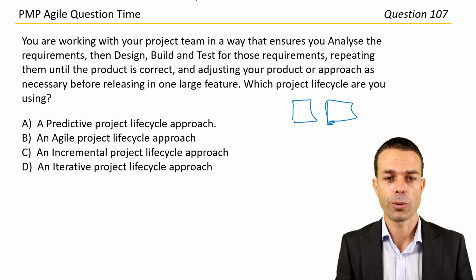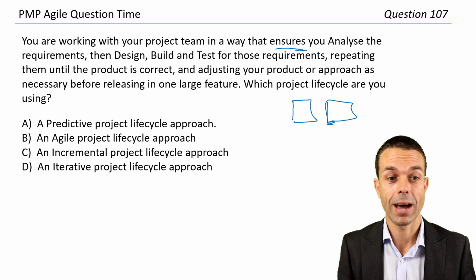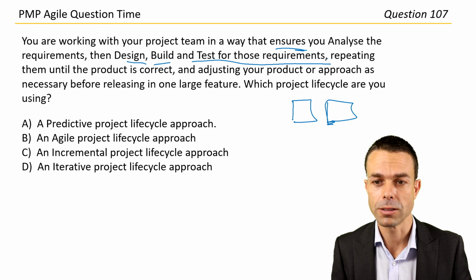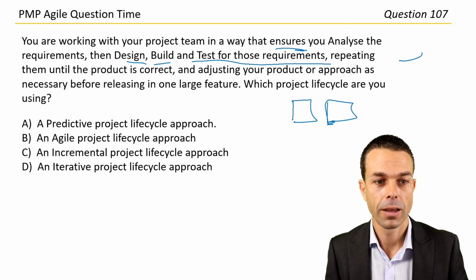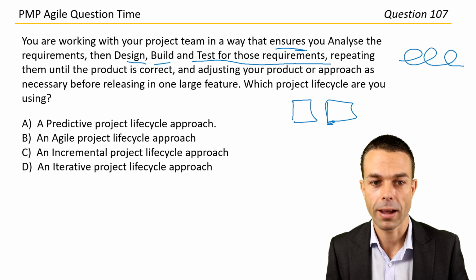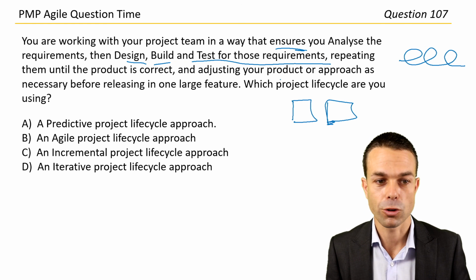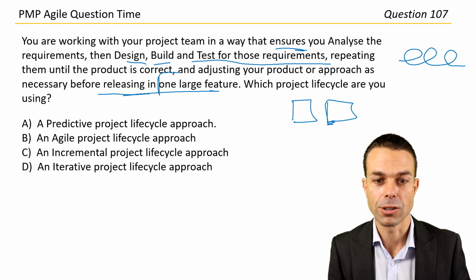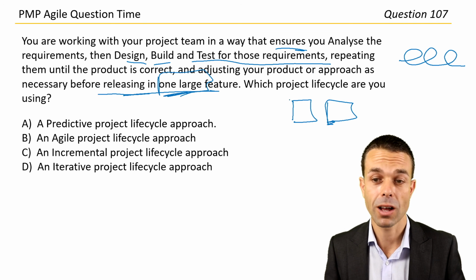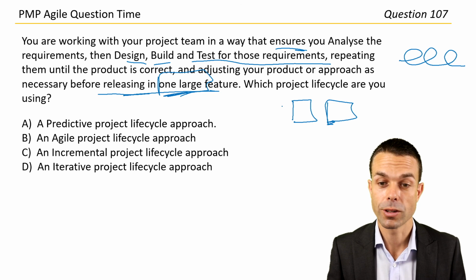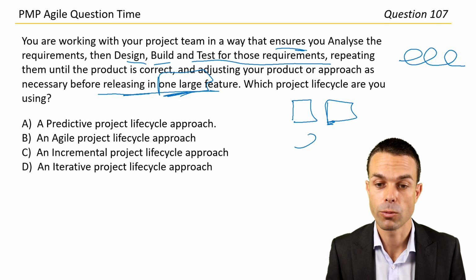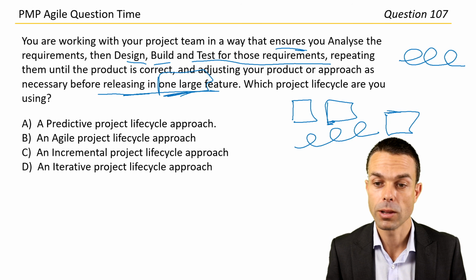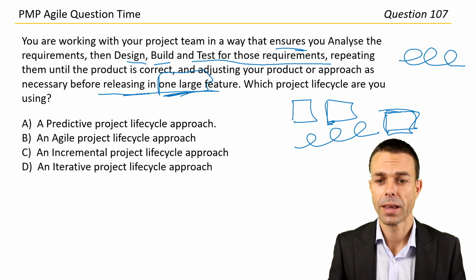You're working with your project team in a way that ensures you analyze the requirements, then design, build, and test for those requirements, repeating them until the product is correct, and adjusting your product or approach as necessary before releasing in one large feature. Which project lifecycle are you using? So the trick here is we're responding to change, iterating, but we're still only releasing in one large feature.